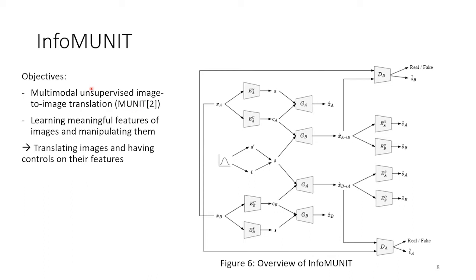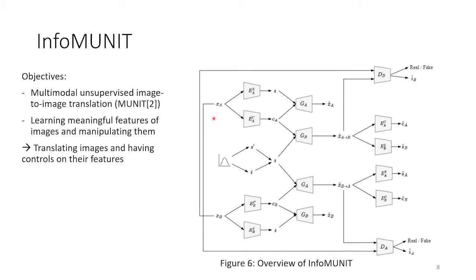This architecture enables us to translate images in an unsupervised manner. The second property of our network is learning meaningful features of images and also manipulating them.